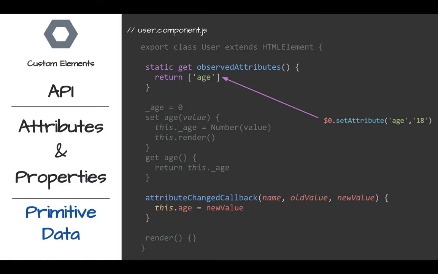So you have to explicitly name the attributes that you want to watch. And if that changes, this attributeChangedCallback lifecycle hook is triggered, where you update your internal stuff, the property, and eventually this will call the setter, and the setter will render. So we have reactivity by default. Not a pretty nice API, but it works.